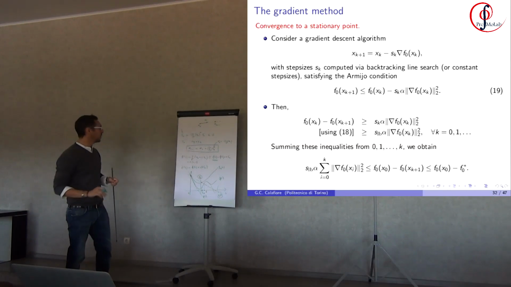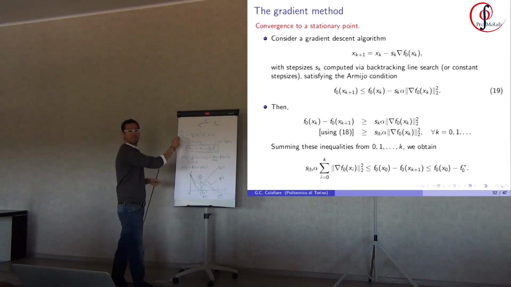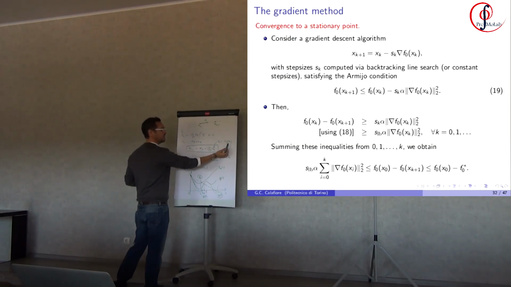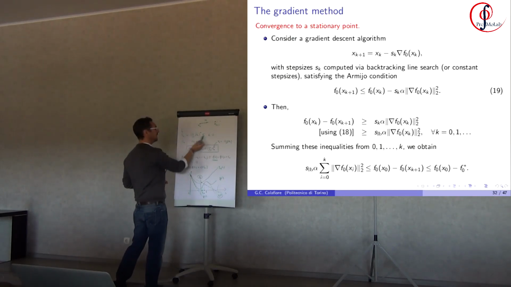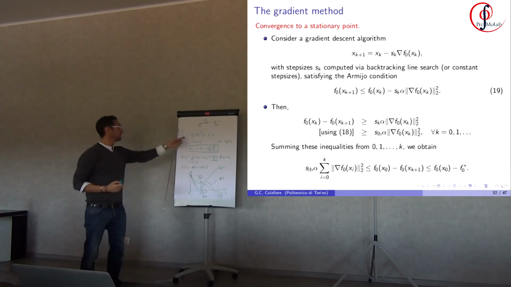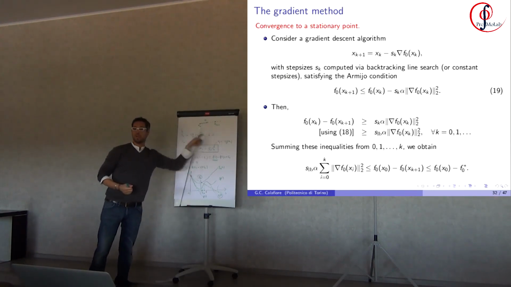The norm of the gradient squared is what we called delta before. Because if v is minus the gradient, delta is minus the norm of the gradient squared.